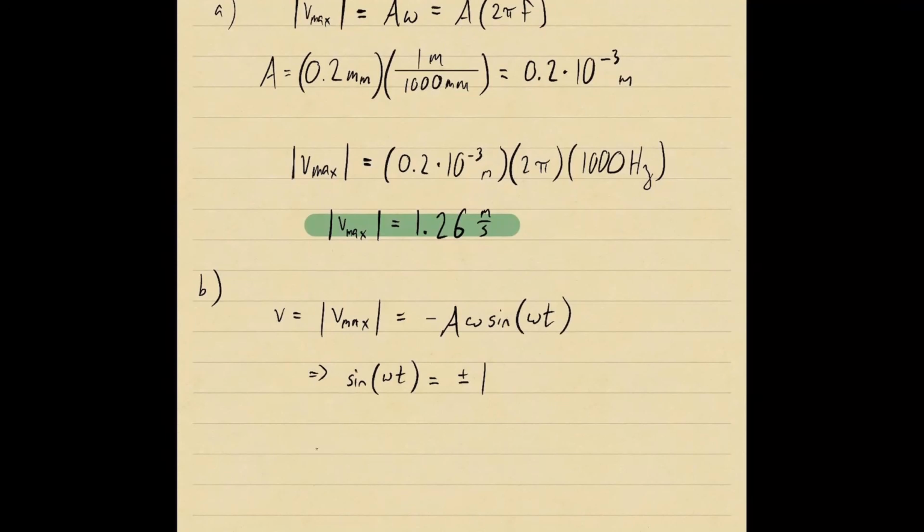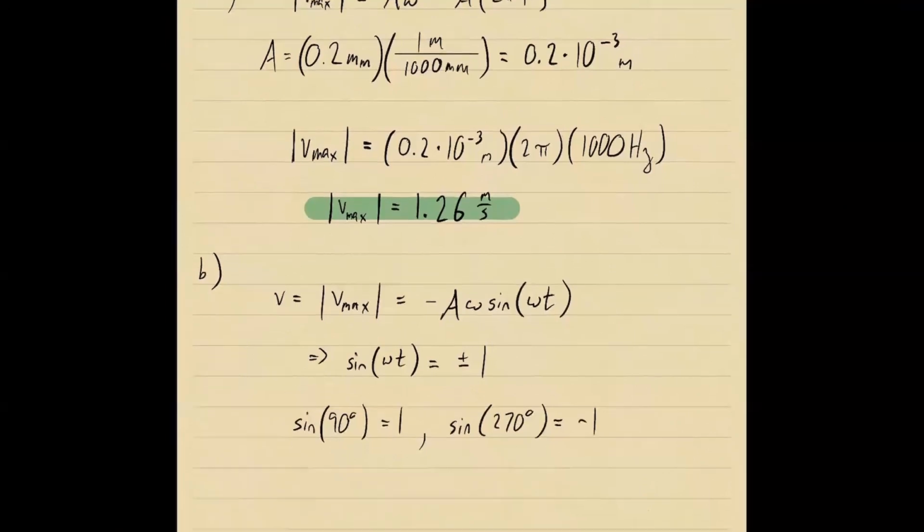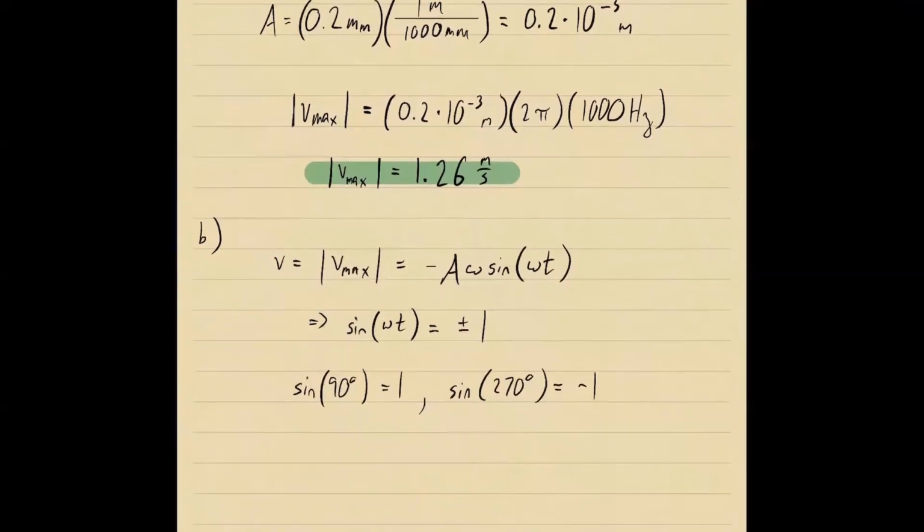actually, let's back up a second. Sine of 90 degrees is going to be 1, right? You know that sine of 270 degrees equals minus 1. And every single time that we add 180 degrees to our angle, it's going to keep flip-flopping between plus 1 and minus 1.